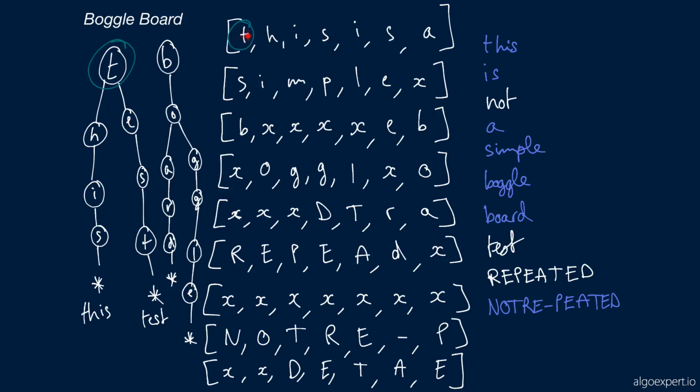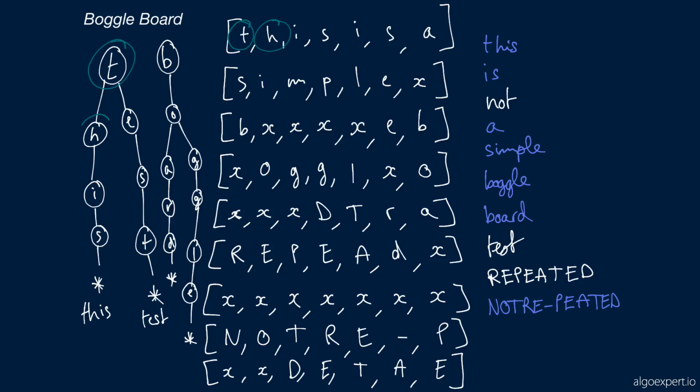But we're going to look at all the neighbors of our T in our boggle board and see if any of them is actually contained in our tree level, which is at this T right now. So, is this S contained somewhere here? No, it's not. Is this I, which is diagonally connected to our T, contained somewhere here? No, it's not. What about this H? Oh, the H is, right?